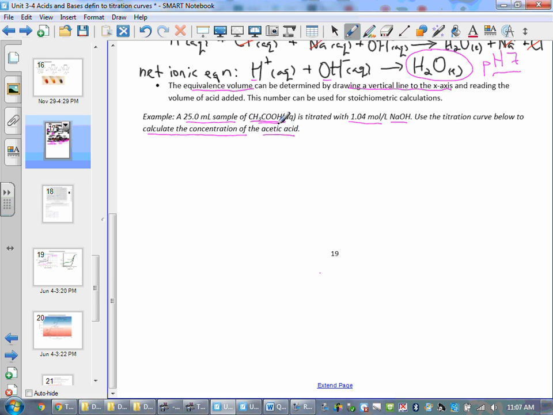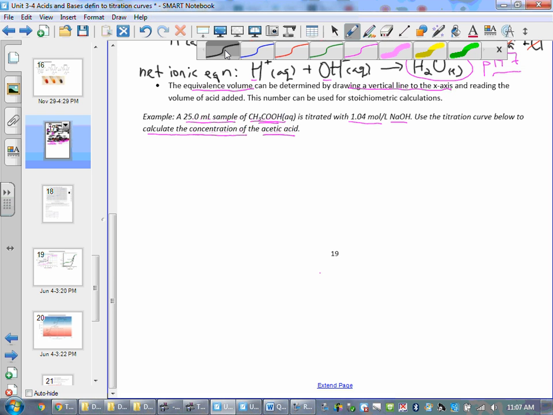Are we ready? So this is kind of a stoichiometry problem. We already know some steps for approaching these. Write down our formula and everything that we know.